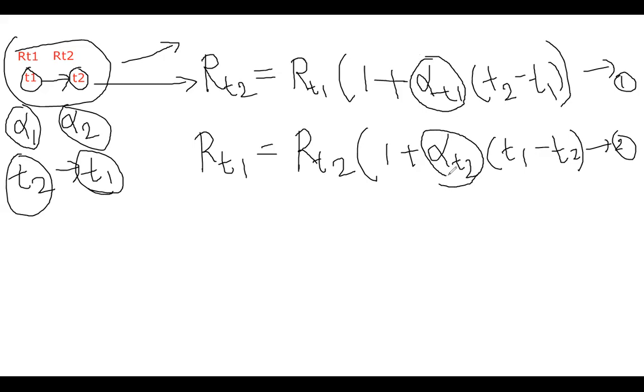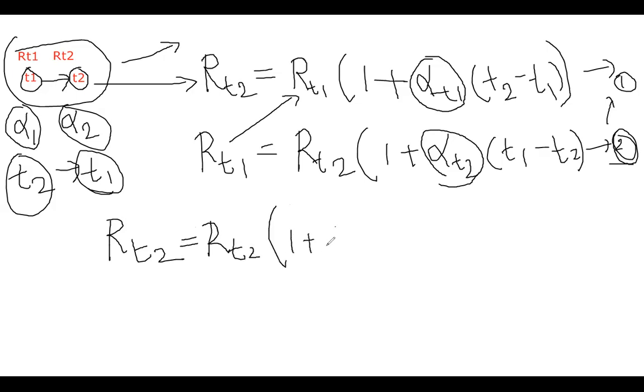Now, if we substitute equation number 2 into the first equation, I am going to put the RT1 value here. So what do we get? RT2 is equal to RT2 into the first bracket, 1 plus alpha T2, T1 minus T2, and the second bracket, 1 plus alpha T1, T2 minus T1.